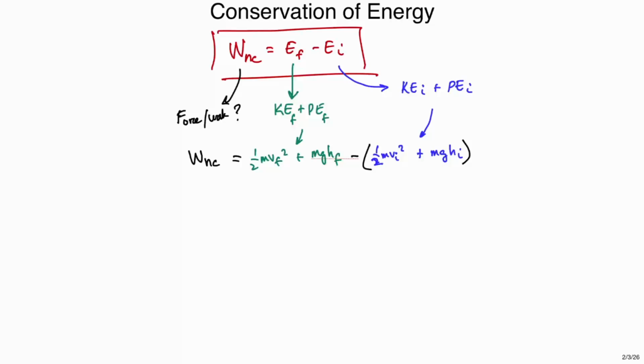It's not gravity, right? Is the force that a skateboarder exerts gravity? No, right? So if it's not gravity, it's going to go in work non-conservative. If you're pulling on a rope to raise something up, conservative or non-conservative? Non-conservative. Why? It's not gravity.